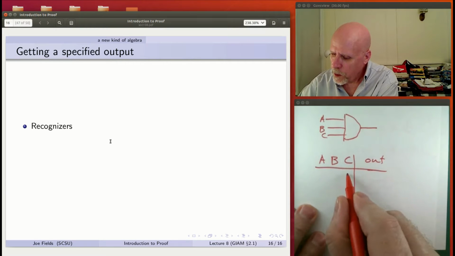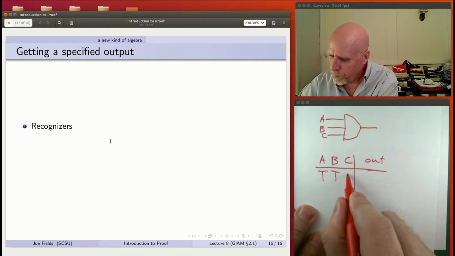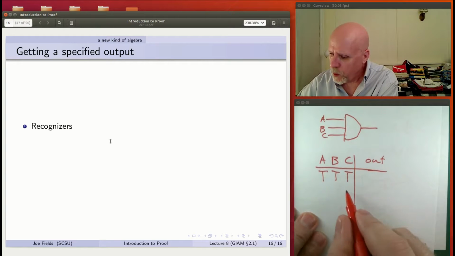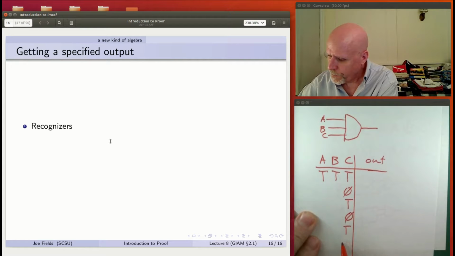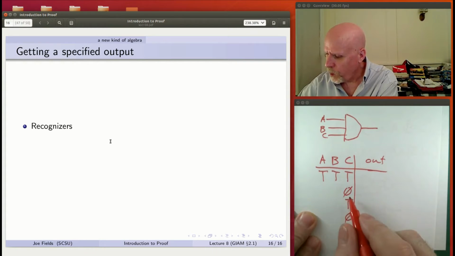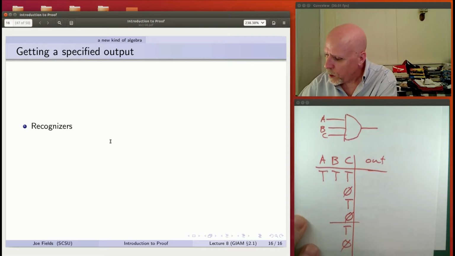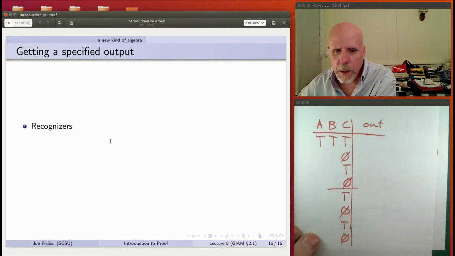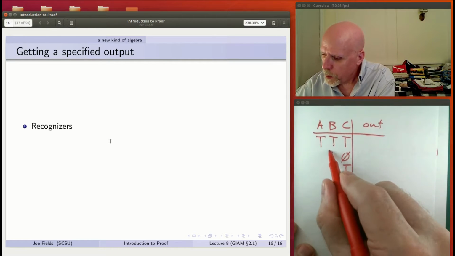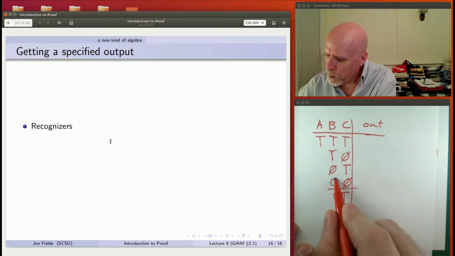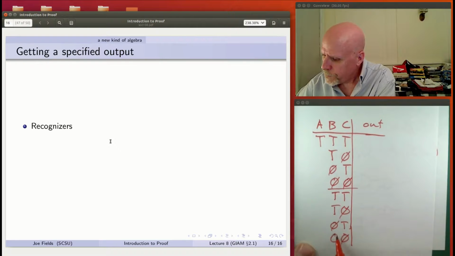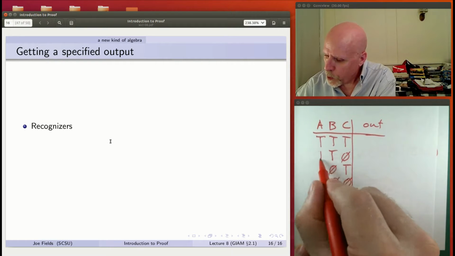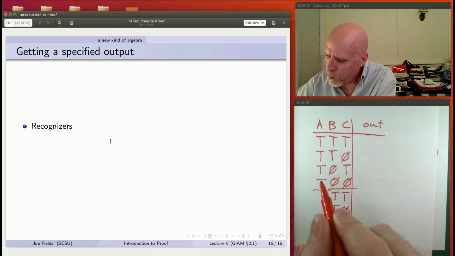Everybody starts with trues across the top row, and then we have alternation in the C column: true, false, true, false. This is the midline. True, false, true, false. Then this guy is in groups of 2 trues, 2 falses, 2 trues, 2 falses. And the A guy is 4 trues, followed by 4 falses.